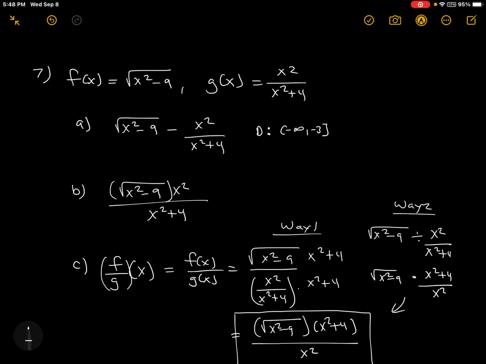You could use x is less than or equal to negative 3 or x is greater than or equal to 3, because I didn't specify to use interval notation. So whichever notation you want to use.